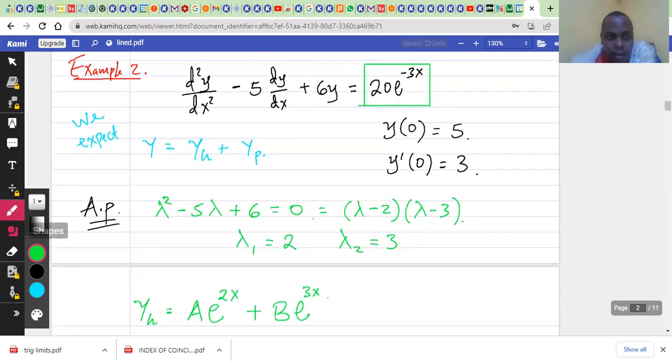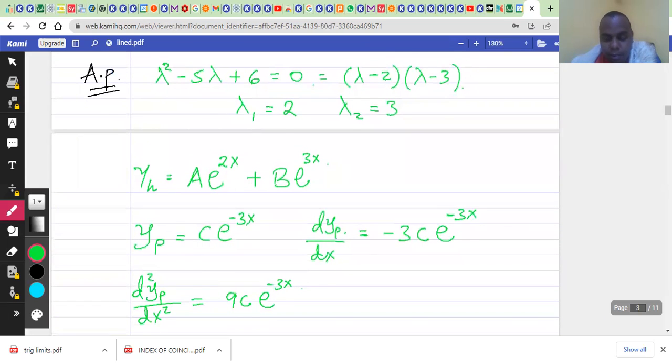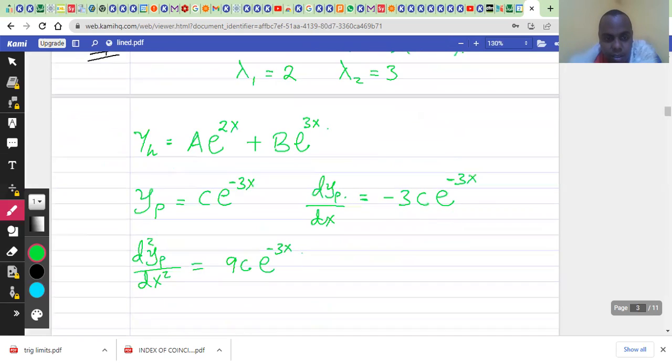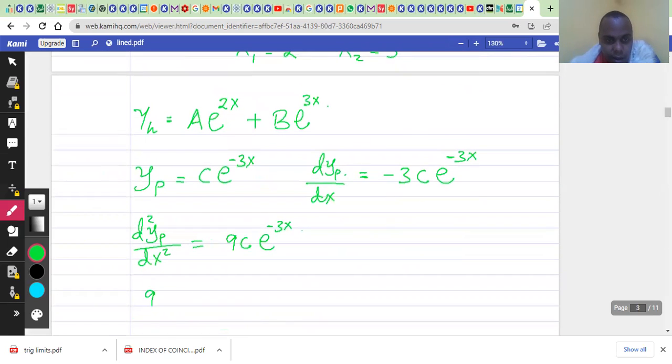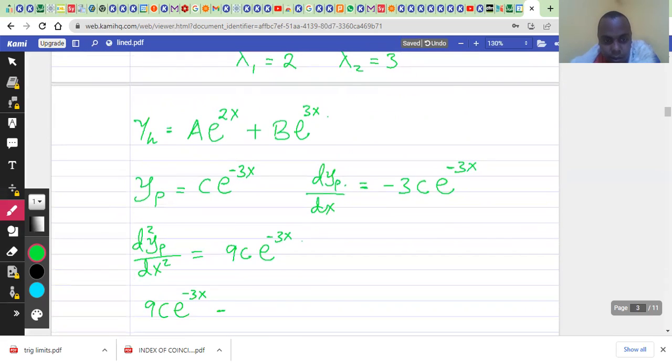If we go back to the differential equation and replace the second derivative with 9c exponential negative 3x, and do the same with dy/dx, this is going to be 9c exponential negative 3x, and then minus 5 dy/dx. dy/dx is minus 3c exponential negative 3x.